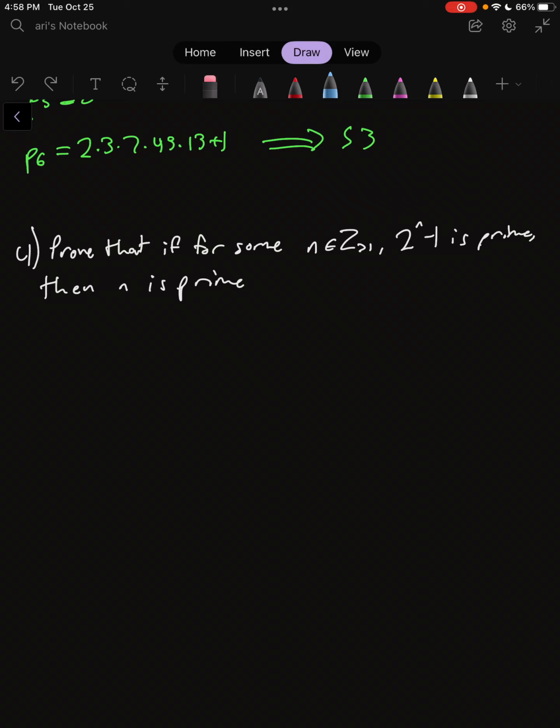So the hint says, let x and n be integers greater than 0, and let, I'm going to reorder this, n equal lk, where 1 is less than l and k, which is less than n, meaning l and k are not n and 1 respectively, or 1 and n respectively.